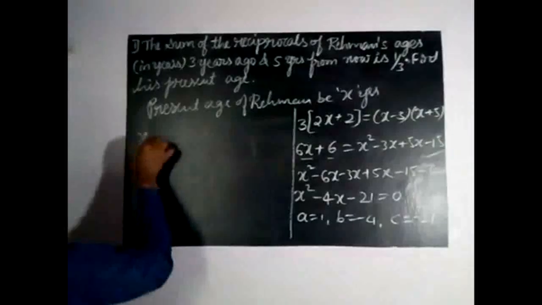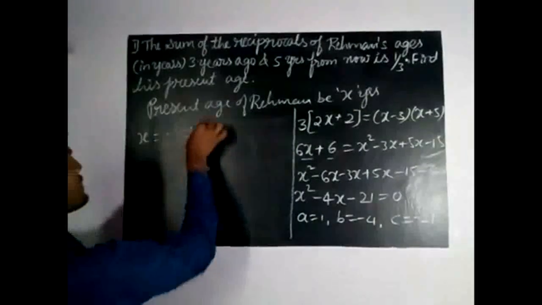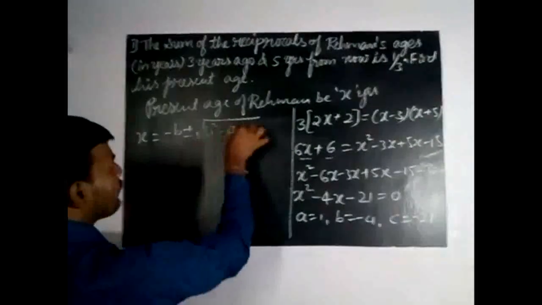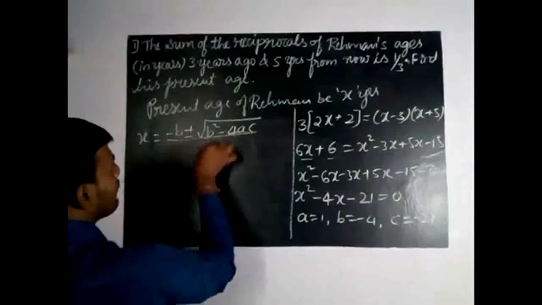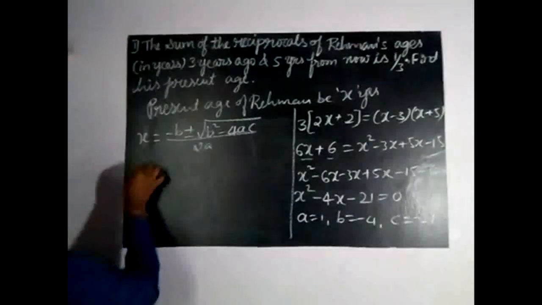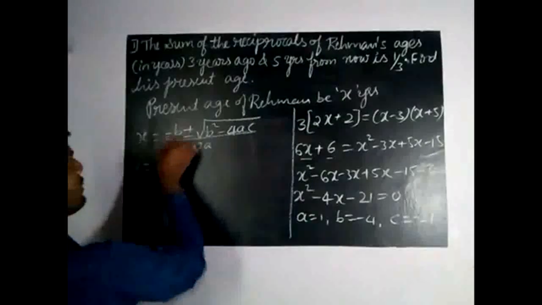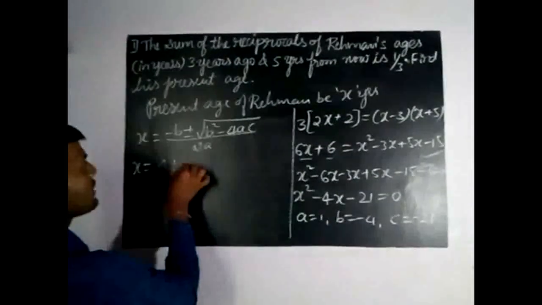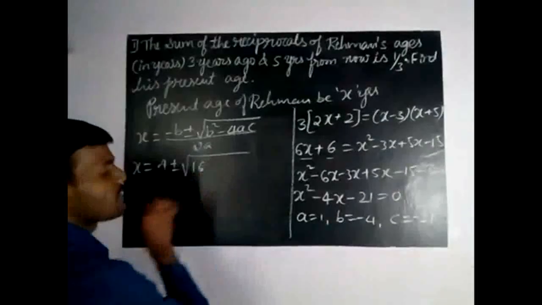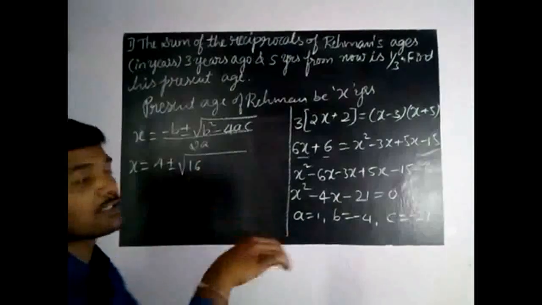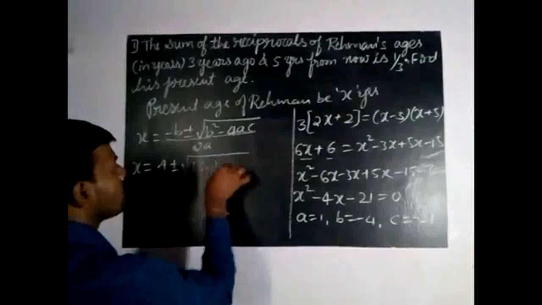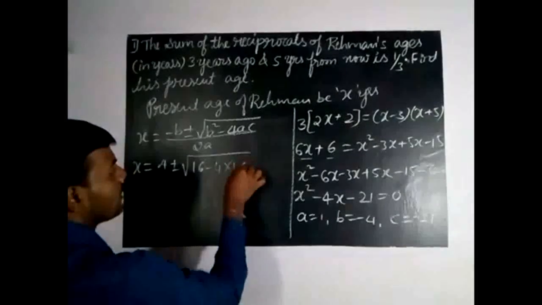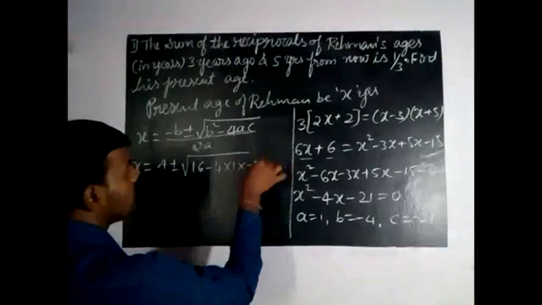Now x is equal to minus b plus or minus root b square minus 4ac by 2a. Now simplify the values of a, b, c. Minus b means minus into minus 4 becomes plus 4, plus or minus root of minus 4 whole square means plus 16, minus 4 into a is 1 and c is minus 21.